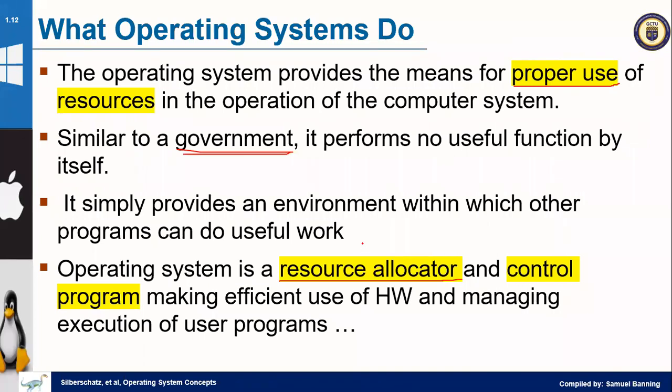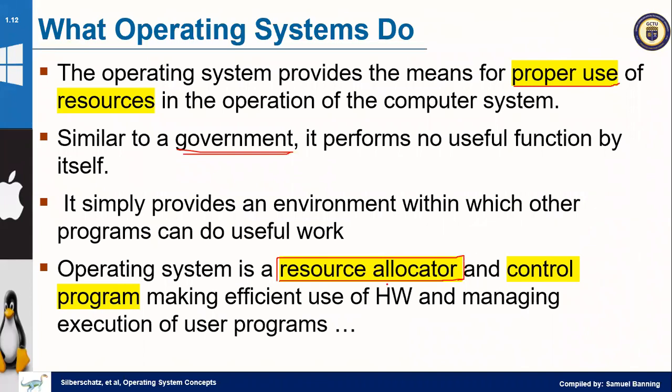The operating system, depending on what the user wants to do, will allocate the resource for the computer to be able to do that task. Just like the government: we want to make roads, the government will allocate funds for the roads to be constructed. So the operating system is nothing but a resource allocator.